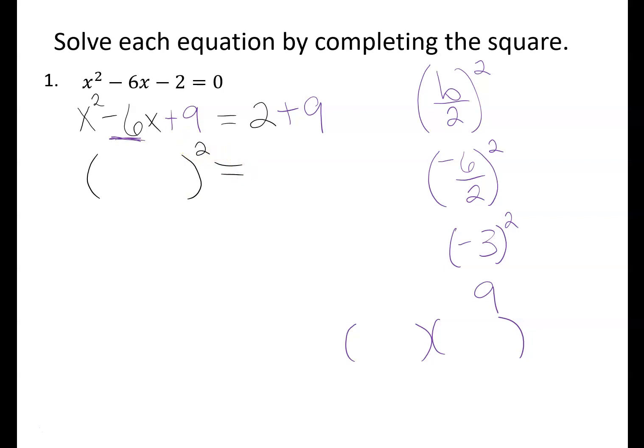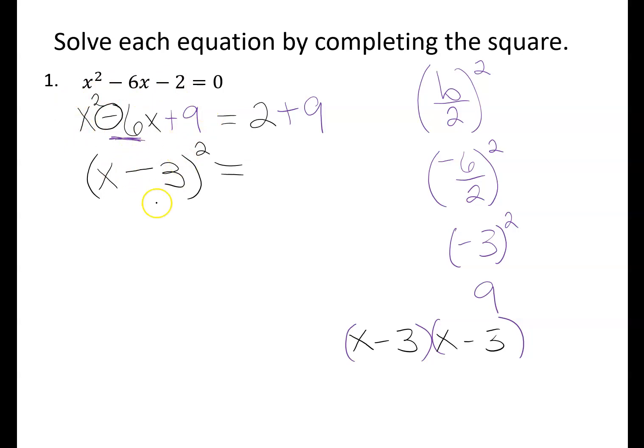Now, there's a couple of ways you could determine what goes inside those parentheses. You could square root the x squared, which is x, and square root the 9, which is 3. And always take the sign that is on b. So it'll be a negative sign. Now, if you're thinking, okay, I'm not sure that that works, well, you could always write it out, x minus 3, multiply those together, and make sure it equals this perfect square trinomial.